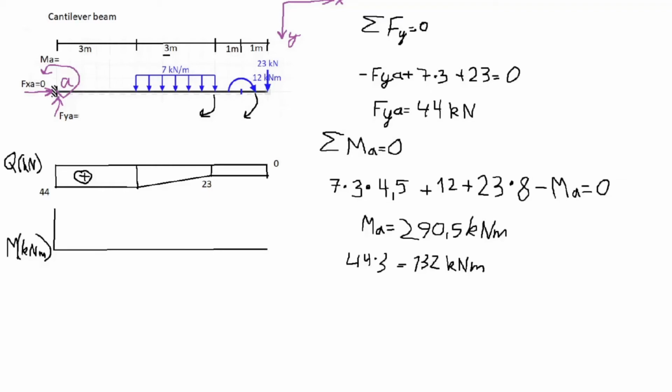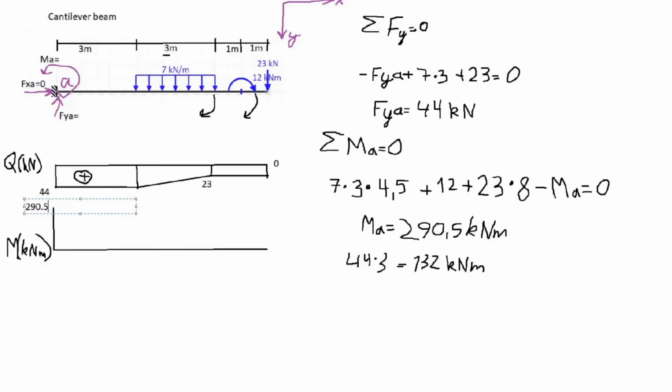So firstly the graph will go up because this moment will make the beam stretch on the upper side, so 290.5 kilonewton meters.